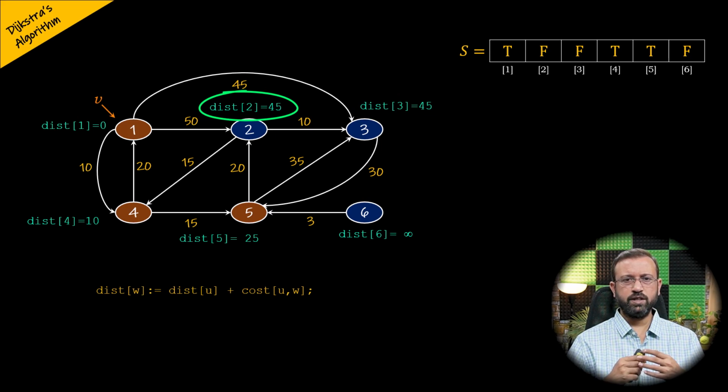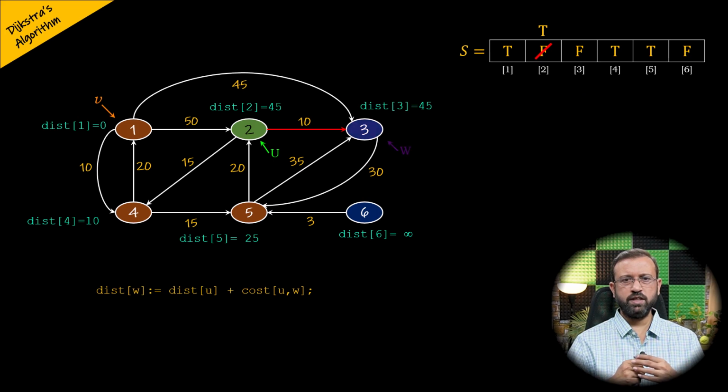Let us choose vertex 2, and vertex 2 becomes vertex u and is assigned to set S by making S of 2 as true. Now we need to find all the vertices W adjacent to vertex u and not in set S. So we have vertex 3 adjacent to vertex 2, and vertex 3 is not in set S since S of 3 is false.